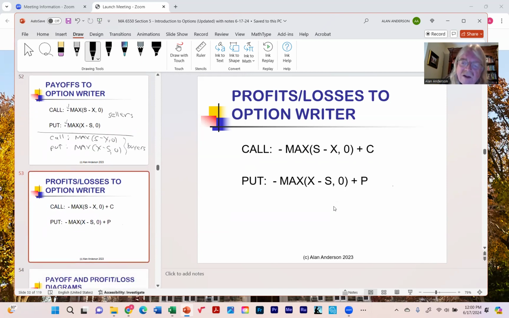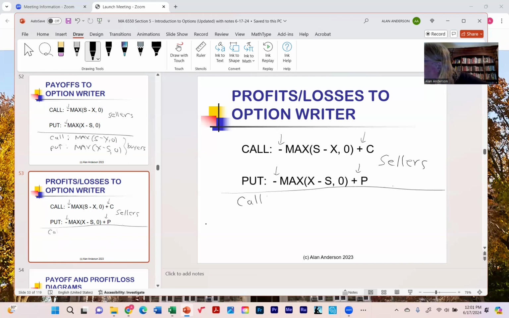Now, of course, the profits and losses also have a major difference too. Once again, it's the sign that's different because now, as I said before, these are the people who are collecting the premiums. So once again, here's the seller's position. The buyers, if you recall, we have this and this.